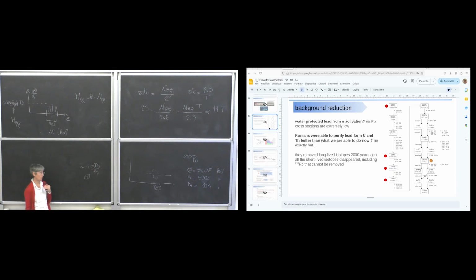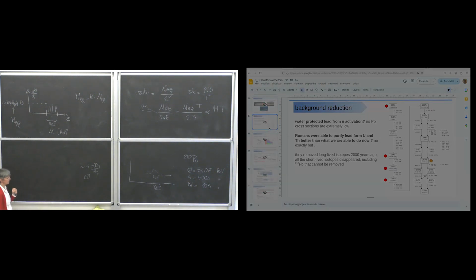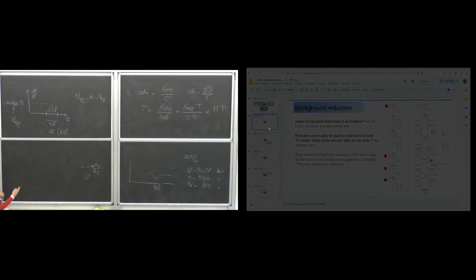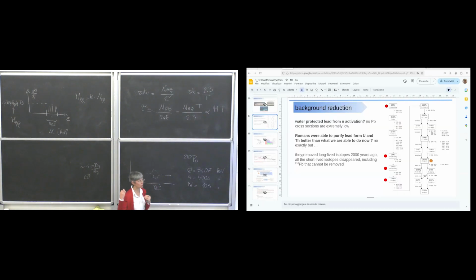With other techniques we are able to measure only contaminant concentrations of lead 210 that are an order of magnitude higher. We do not have the sensitivity. There are no gamma rays emitted except at 46 keV, which is very, very low.